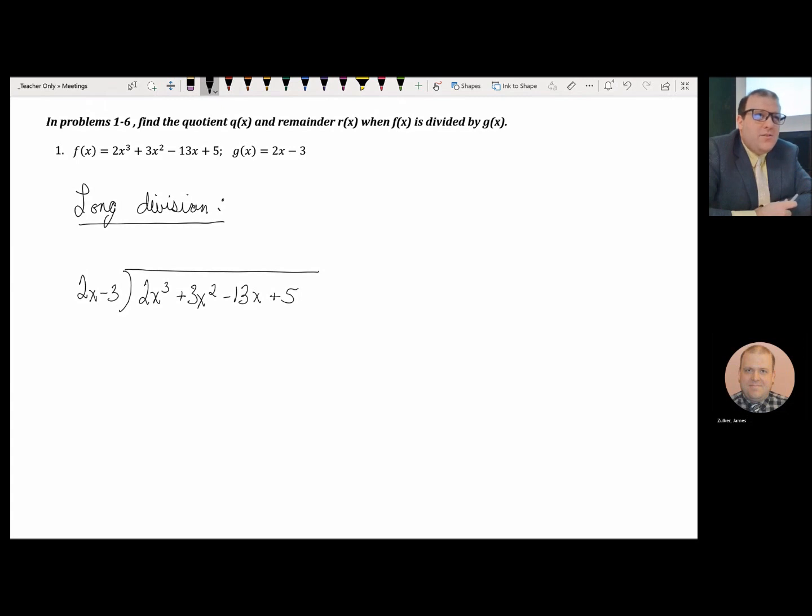You ask, what do you have to multiply 2x by to get 2x cubed? x squared. Now multiply the entire divisor by x squared. And subtract. The first term is guaranteed to cancel out.